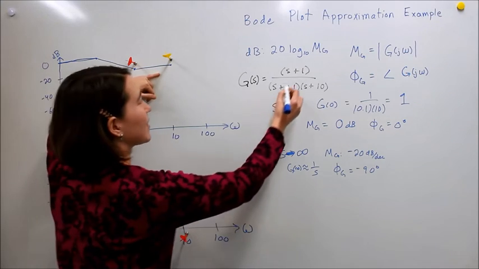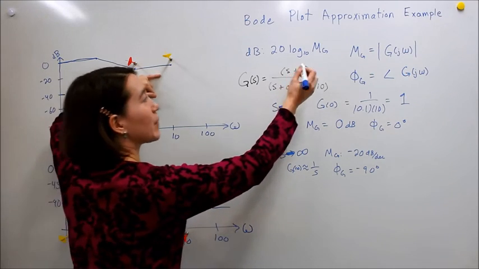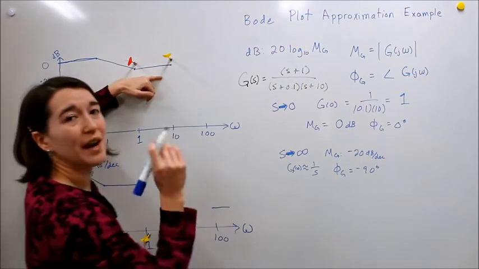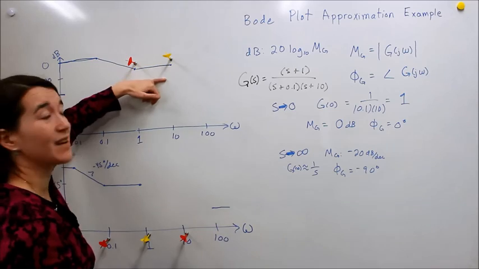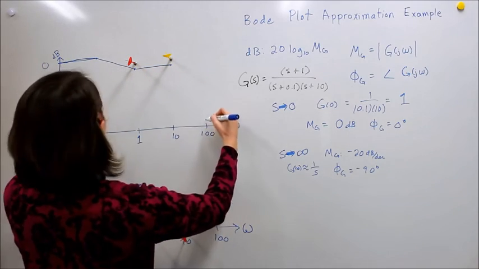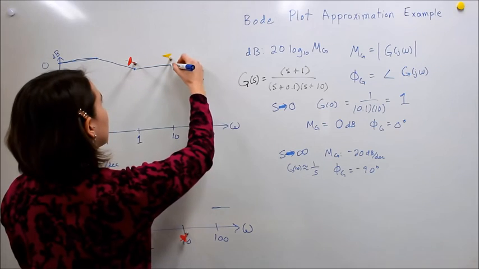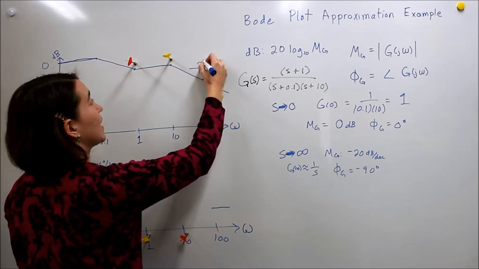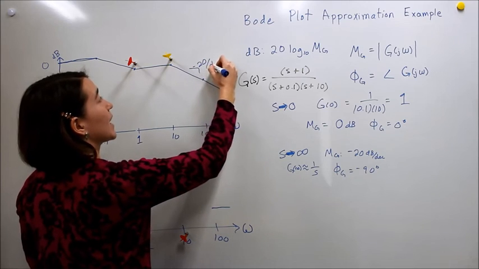So these two cancel each other out. Negative 20 dB per decade, positive 20 dB per decade. And this last one is going to contribute another negative 20 dB per decade. So that's what we're going to see from this point on. So we're going to decrease here, and we just continue to decrease at negative 20 dB per decade.